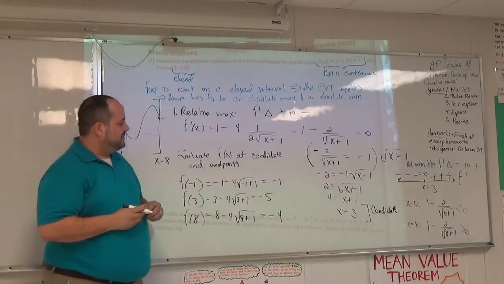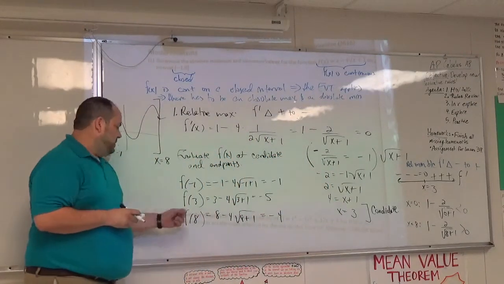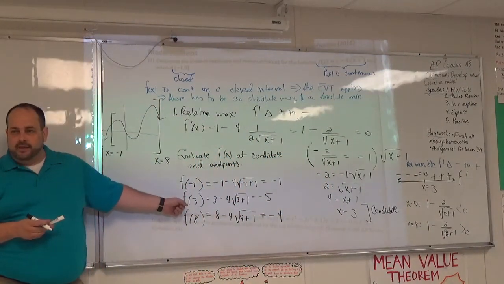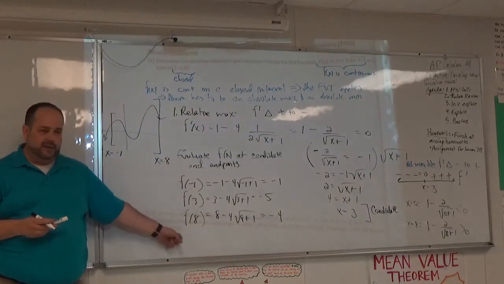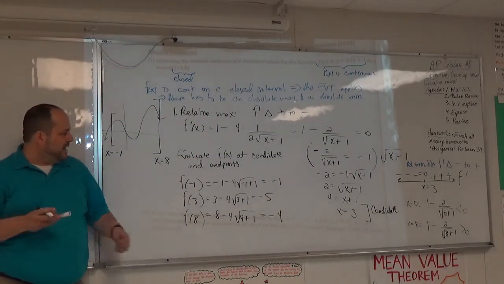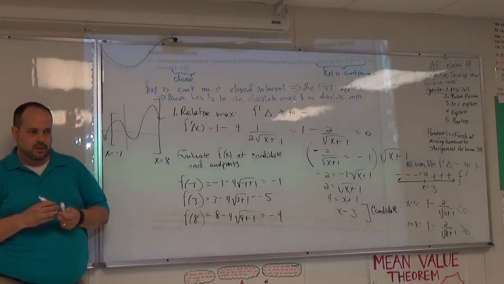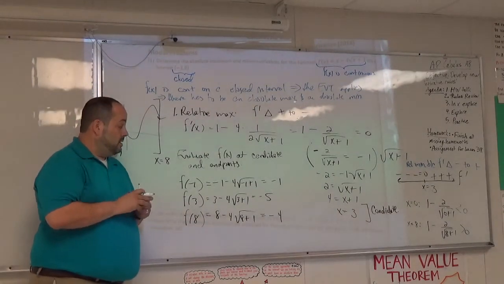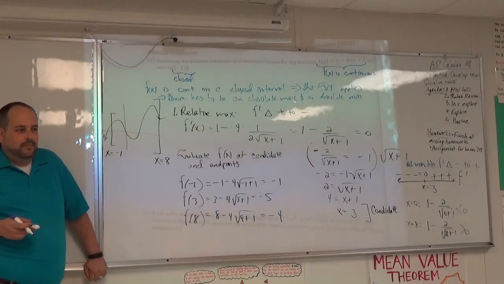We have one relative extrema at x equals 3. We have 2 endpoints. We've tested the internal candidate. We've tested the endpoints. Where's the absolute max? Where's the absolute highest point on this interval?